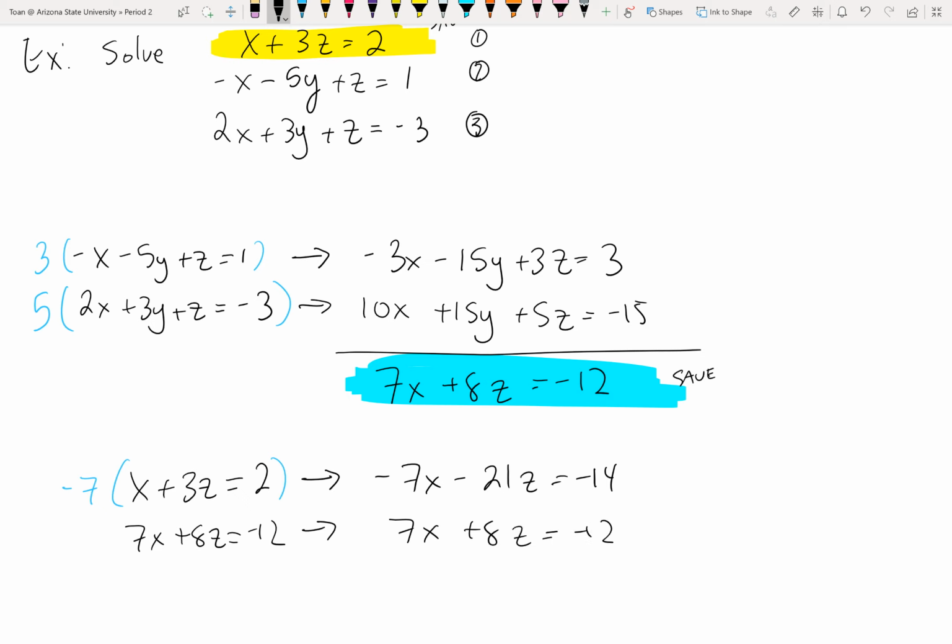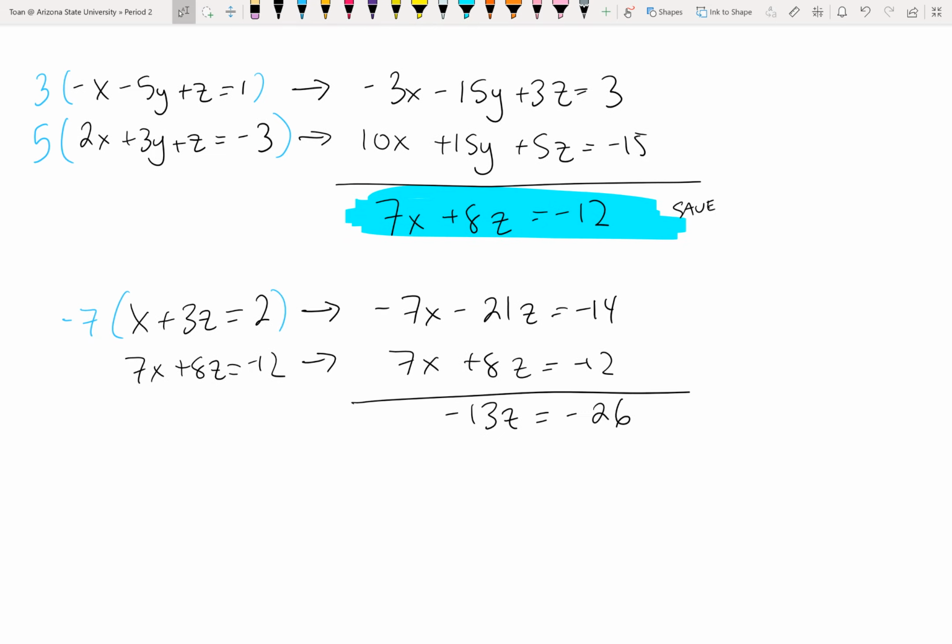Did I make a mistake somewhere? No. You're good? Okay. And then just go ahead and add these two equations together. The x's are gone. That's a negative 13z equals negative 26. Divide both sides by negative 13. You get z equals positive 2. I have one number, z equals 2.